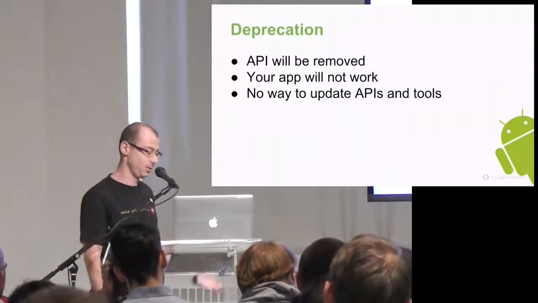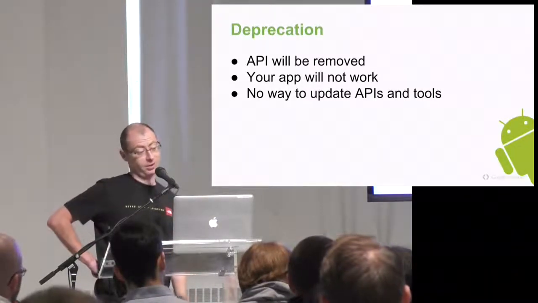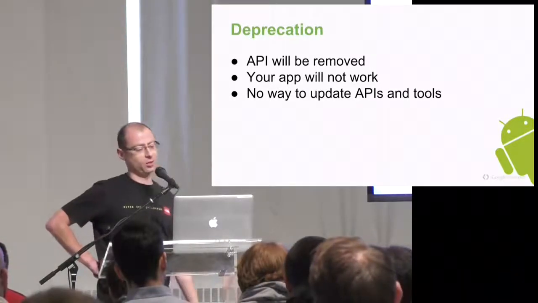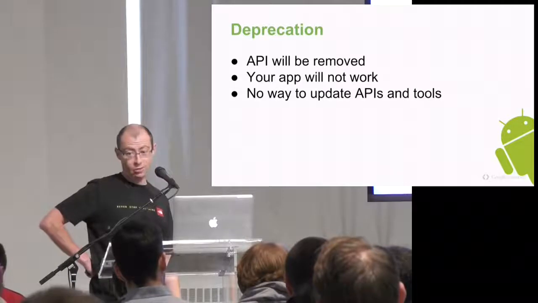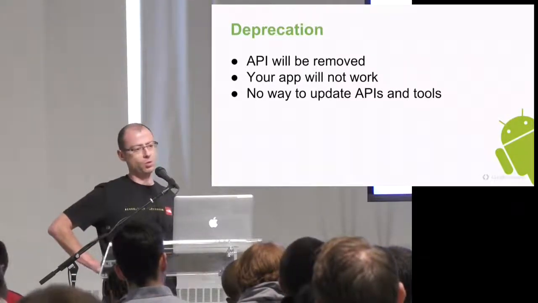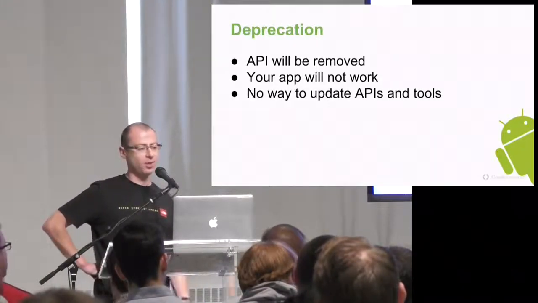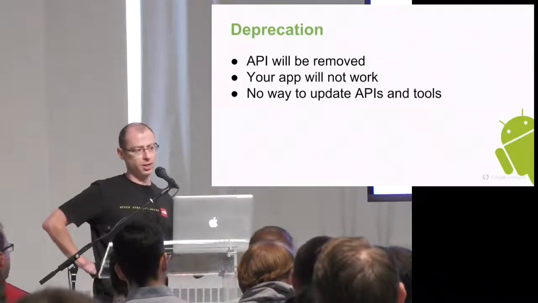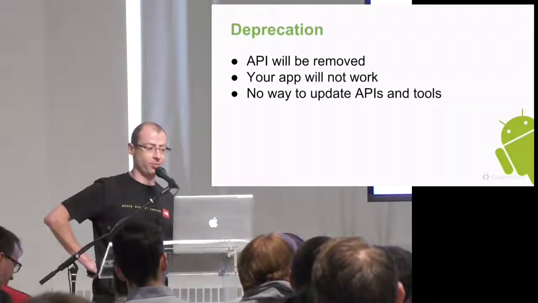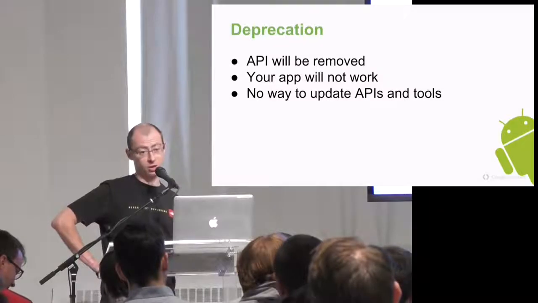So basically, what does it mean? It means that some API will be removed. Then one shiny day, usually 1 or 2 days before the major release, your app will not work. And to make things even worse, sometimes if you are dependent on the old version of a library, there is no way to update both APIs and tools. Unfortunately, I have seen a company whose whole application was dependent on a library which could only be built with Android version 3.